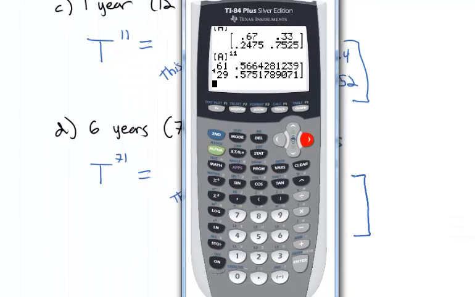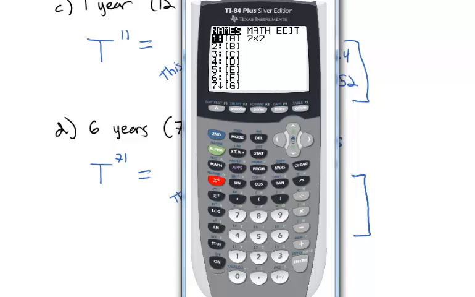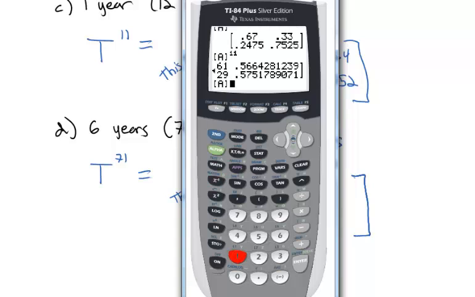So on our calculator, we're going to do second matrix, A, and we're going to raise it to the 71st power. Hit enter.